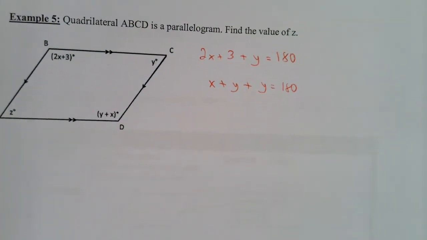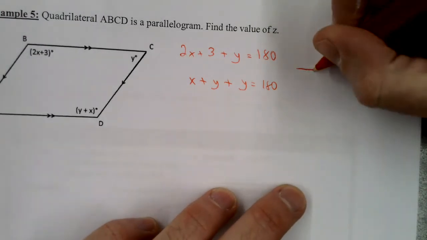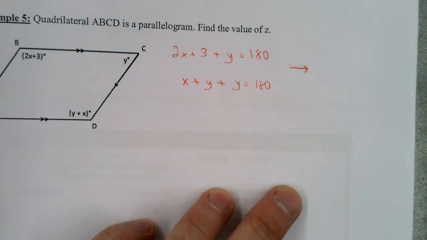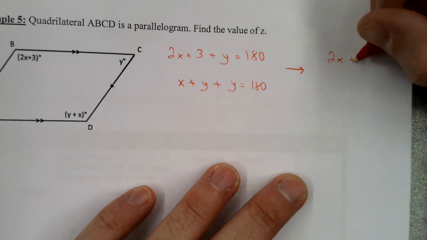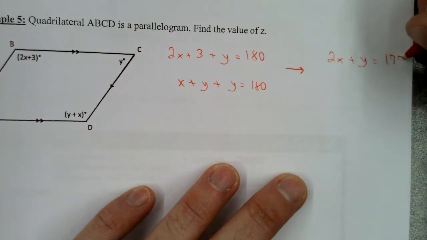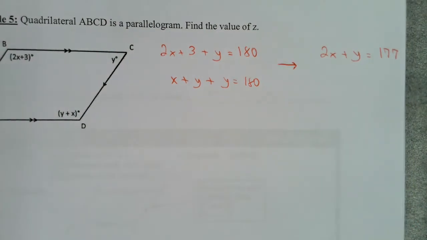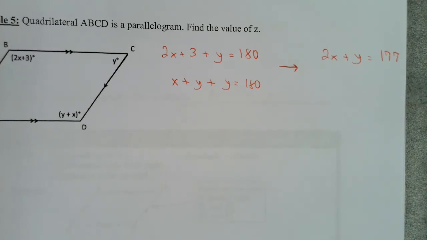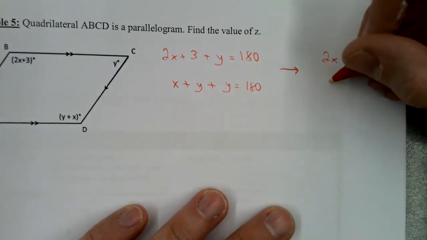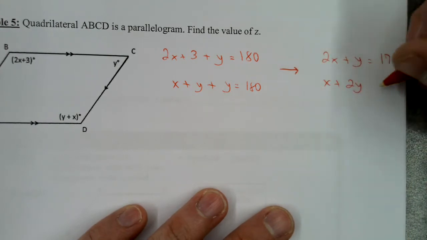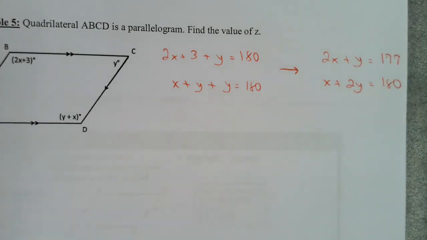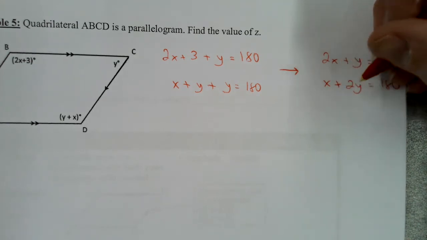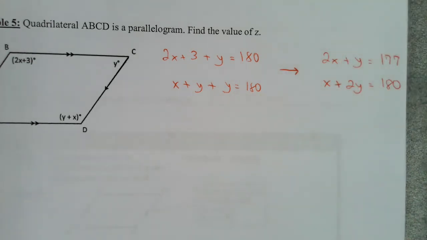Let's clean these up. 2x plus y equals 177. x plus 2y equals 180. Now let's solve using either elimination or substitution like you would do in Algebra 1.